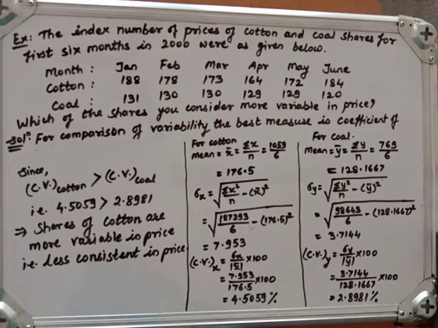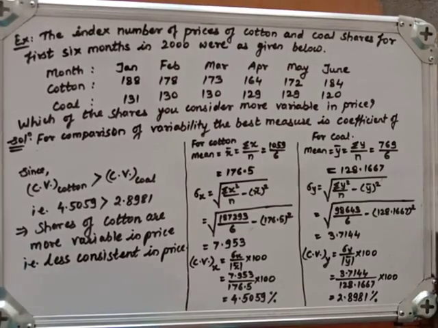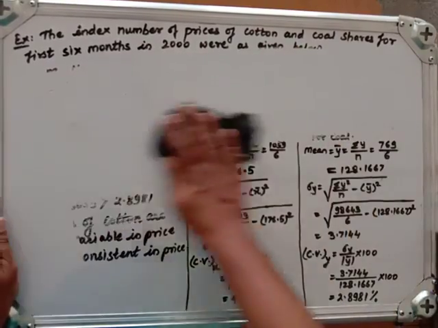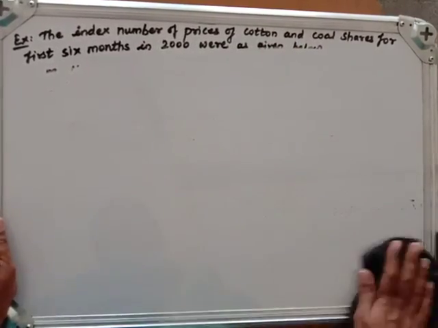Now, let me take a similar type of example for the continuous frequency distribution. This was an individual frequency distribution. So let us take the same comparison type example for a continuous frequency distribution also.